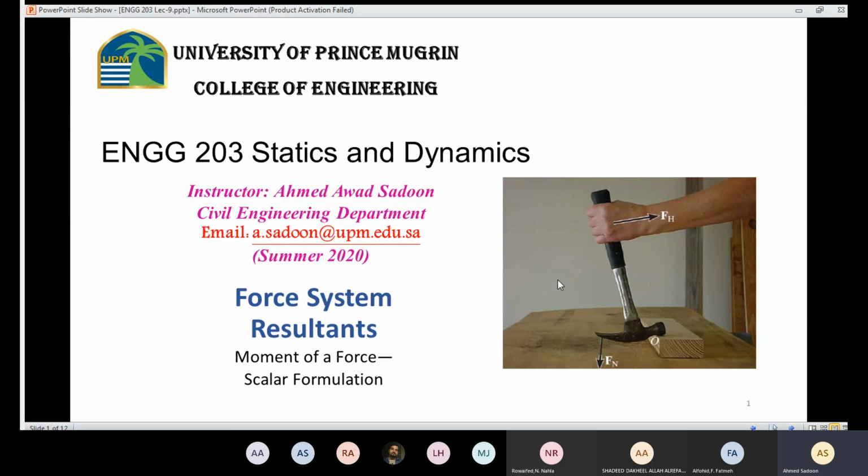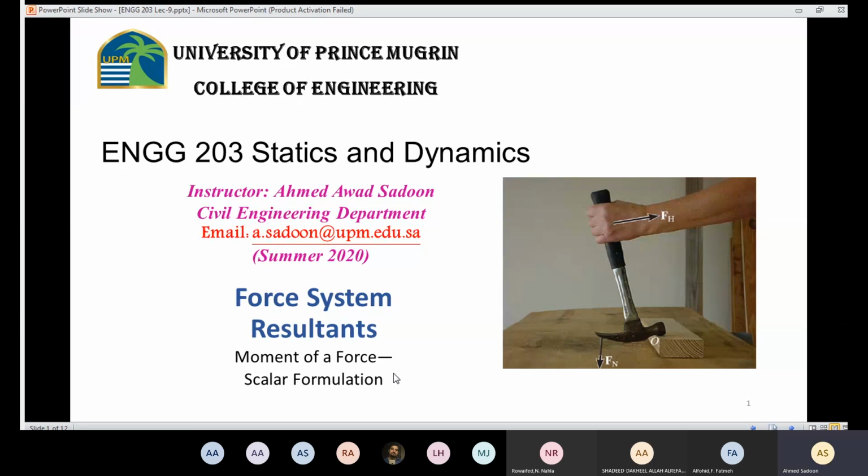We say that it has a direction, which is clockwise, and of course it has a magnitude. So the moment also has magnitude and direction. But today we are going to focus on the scalar formulation only, not the vector. Next time we are going to study the moment of a force from a vector perspective.